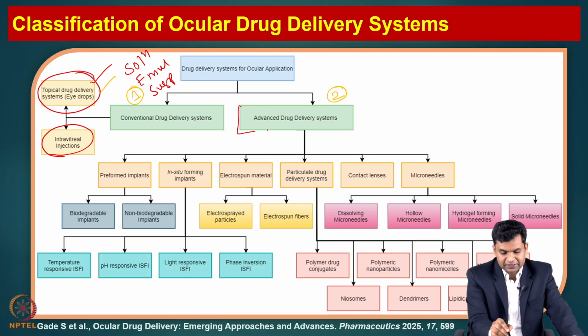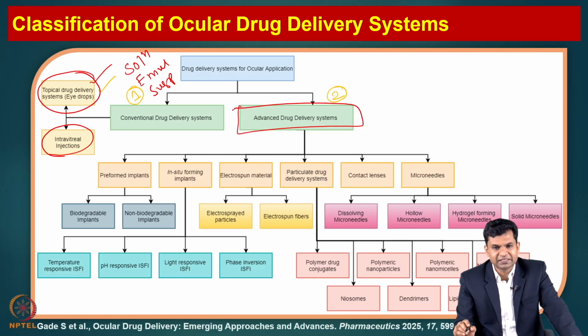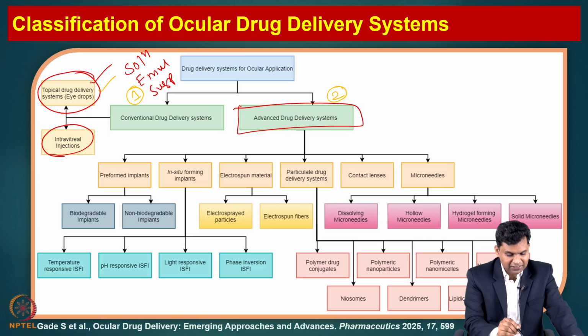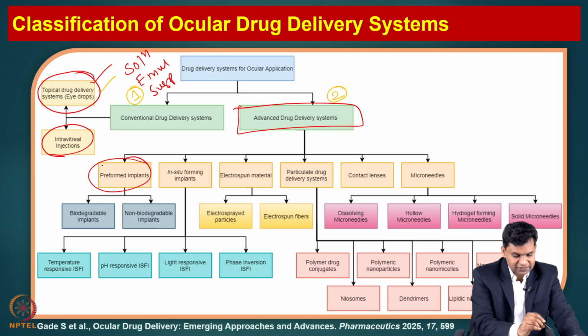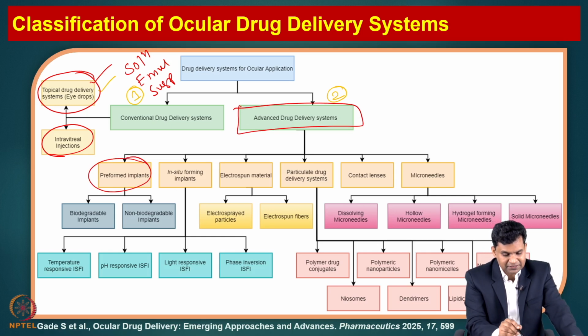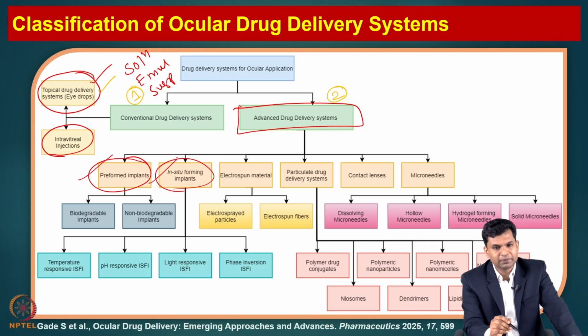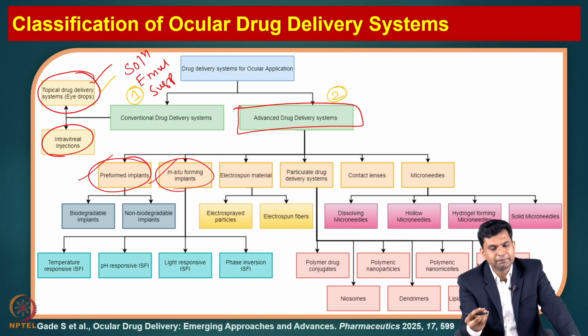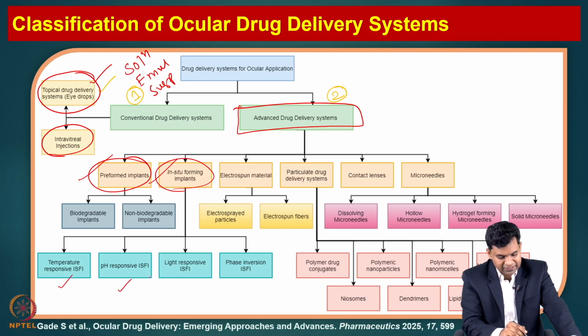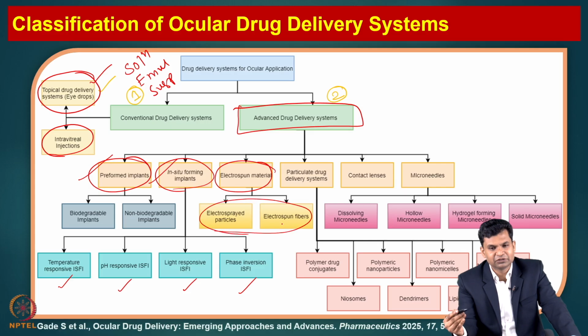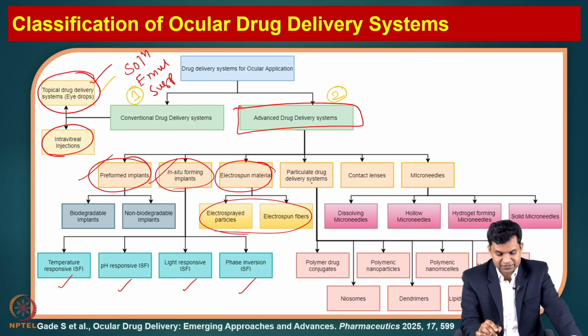And the other category is advanced drug delivery systems. Here these can be classified into various classes, that is implants, which are the preformed implants, in situ implants which develop the implant after administration based on various responses, and electrospun materials which can be translated further into implants and other types of advanced drug delivery systems.